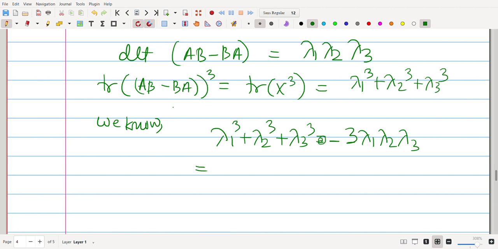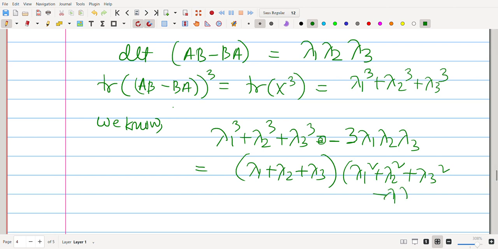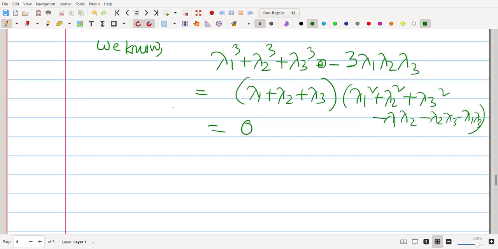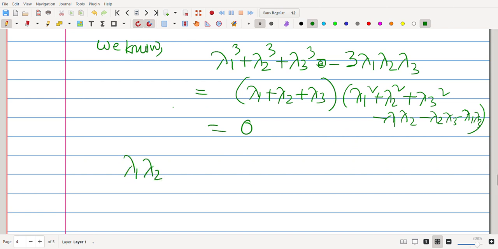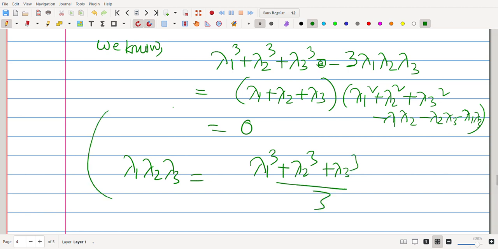This minus this equals lambda 1 plus lambda 2 plus lambda 3 times lambda 1 square plus lambda 2 square plus lambda 3 square minus lambda 1 lambda 2 minus lambda 2 lambda 3 minus lambda 1 lambda 3. Now lambda 1 plus lambda 2 plus lambda 3 is 0. That means this is 0. That means lambda 1 lambda 2 lambda 3 equals lambda 1 cube plus lambda 2 cube plus lambda 3 cube by 3. That is the relation given.